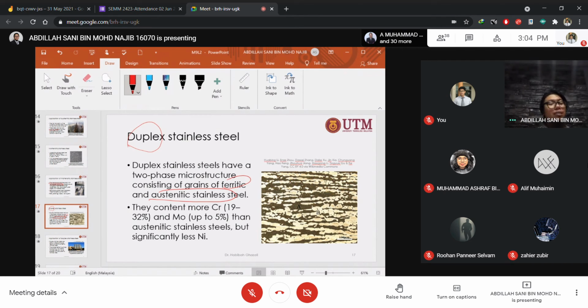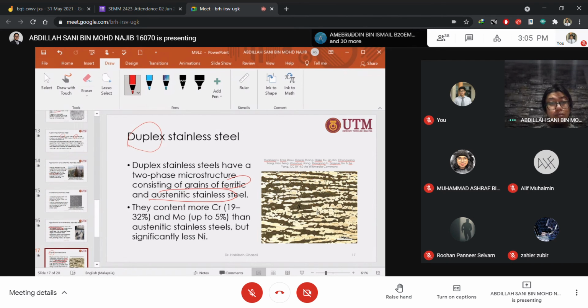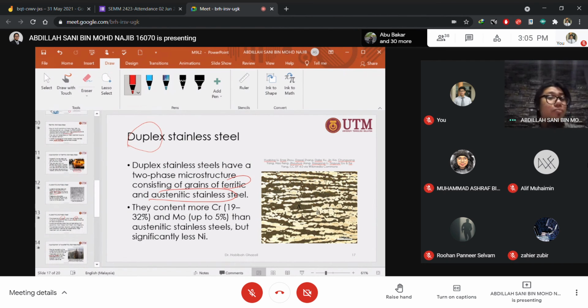They contain more chromium, 19 to 32 percent, and molybdenum up to 5 percent.